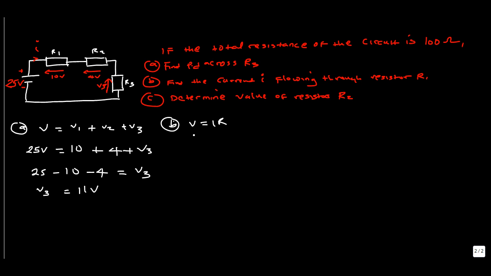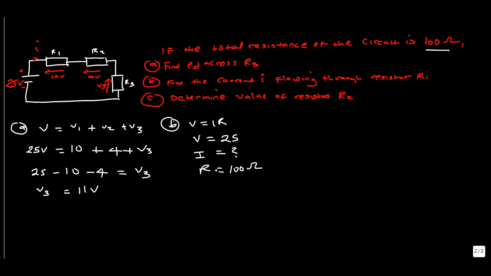Well, we do know the total voltage. V is equal to 25 volts. We know that. Current, that's what we're trying to find. And we know that total resistance is 100 ohms.